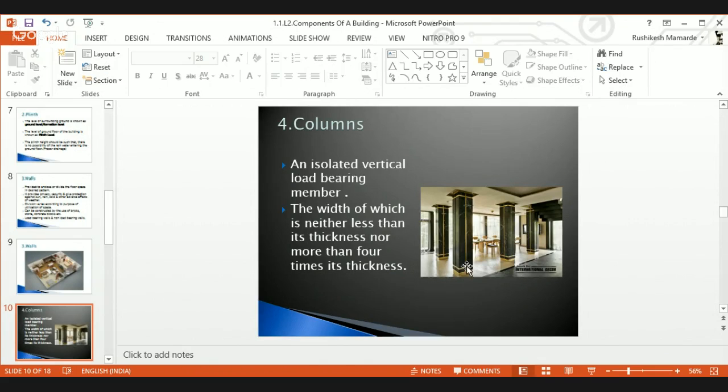Here is the width and here is the thickness. The width of which is neither less than its thickness nor more than 4 times its thickness. That is somewhat of a technical definition. You need to just mug up that definition.